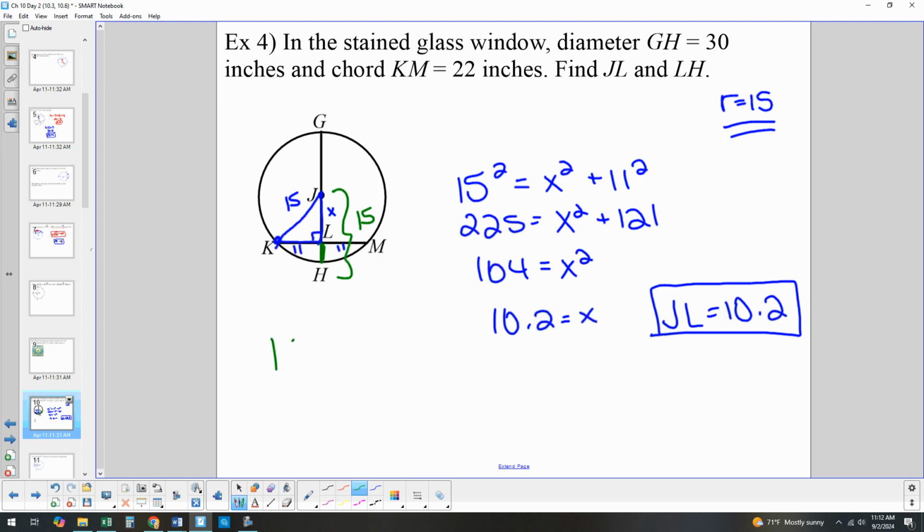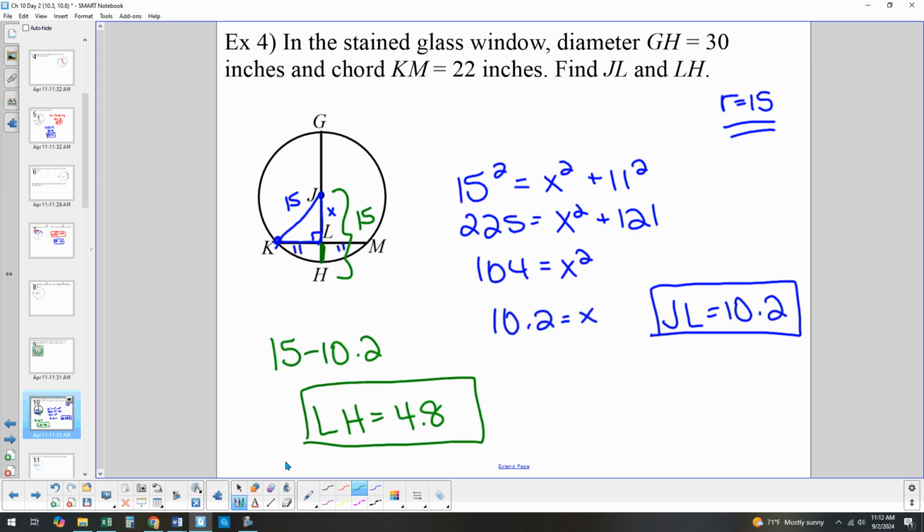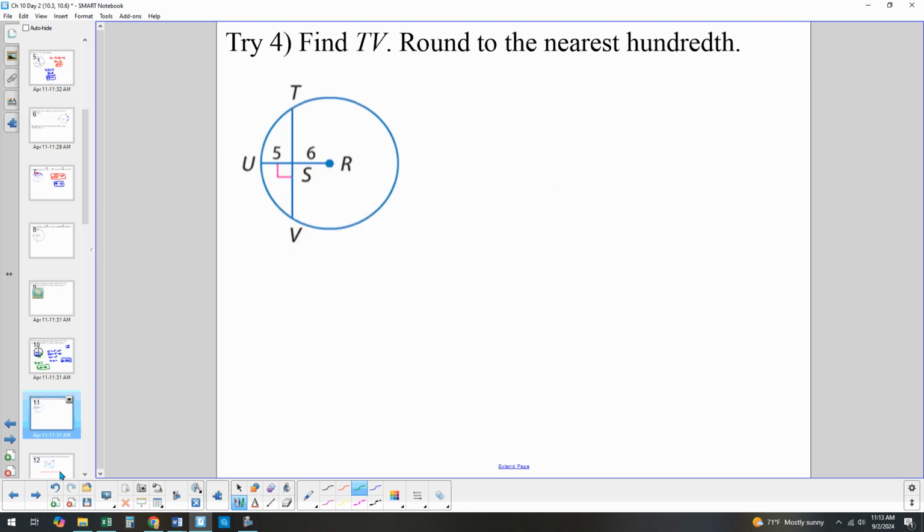So if I do 15 minus 10.2, LH would be 4.8. You might be asked to find JL, or you might be asked to find LH. If you want to find LH, you'll have to find JL first. If you want to find JL, you don't need to find LH, if that makes sense. Here is one for you to try. Pause. Answers are posted online.